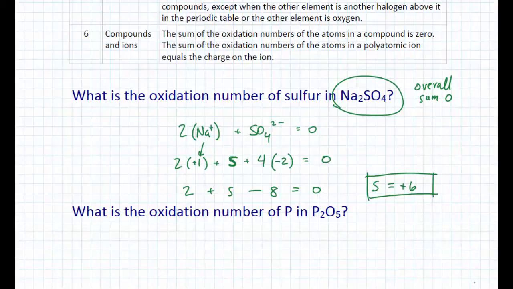It's a compound, so you know what the whole thing will sum up to. If you need a hint, I would start writing it sort of like that. So I want to know what phosphorus is. That's sort of the variable in this. We're going to use the other element and the sum.